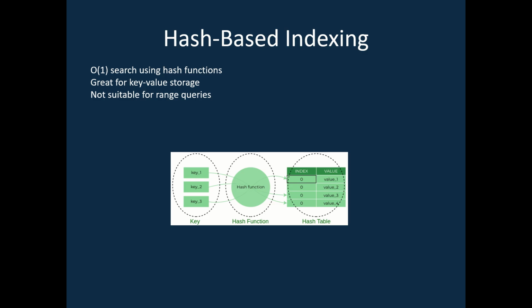These are efficient for equality-based searches. Equality-based searches give almost constant time, order of one lookups. These are also used in NoSQL databases.